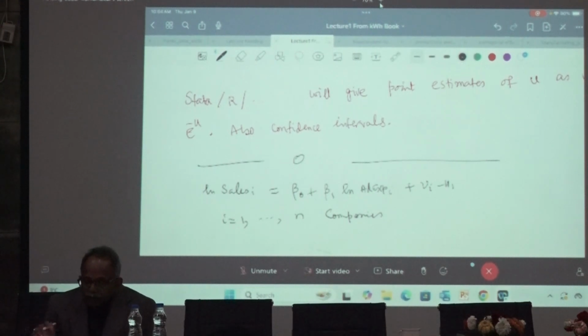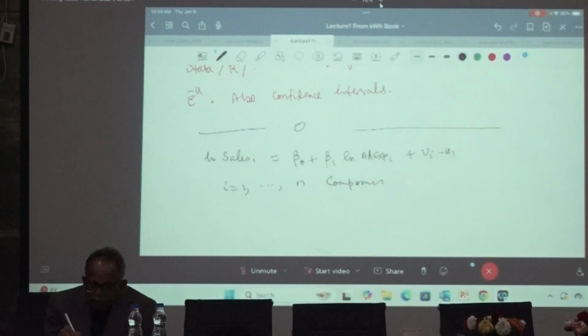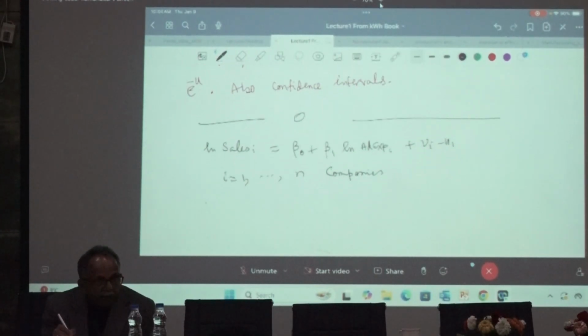Again you use maximum likelihood, and I'll be using the shorthand ML. It gives you estimates of beta 0 and beta 1, and then, as I said, sigma square u and sigma square v.